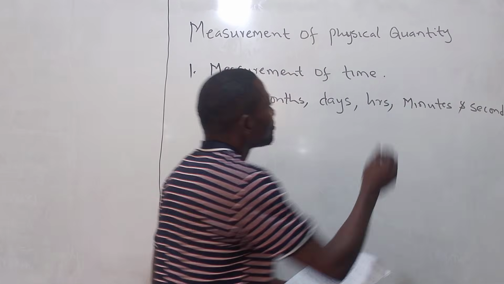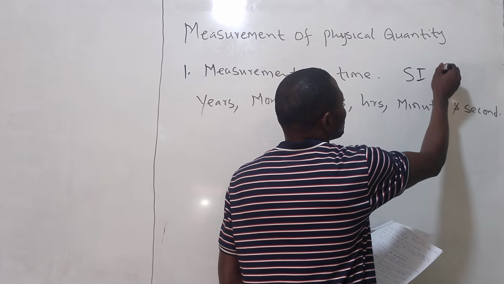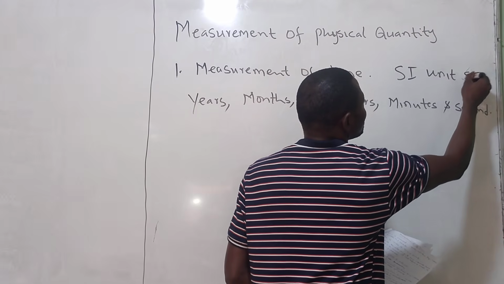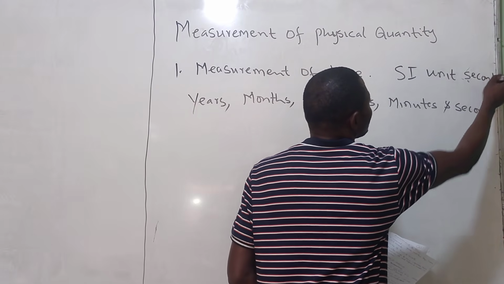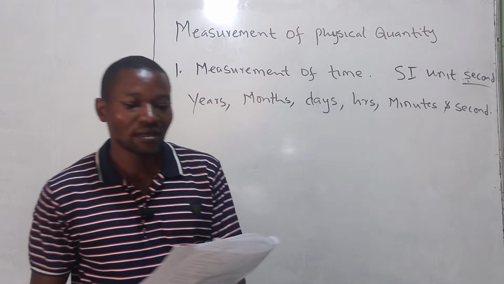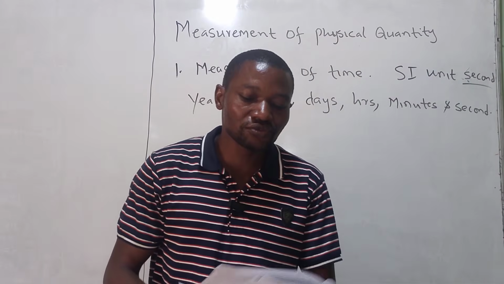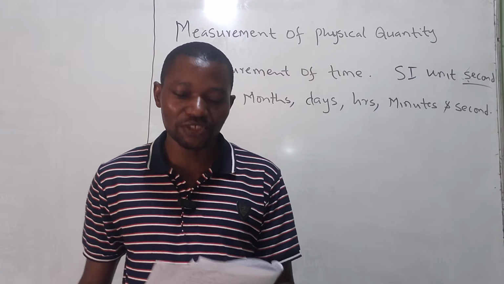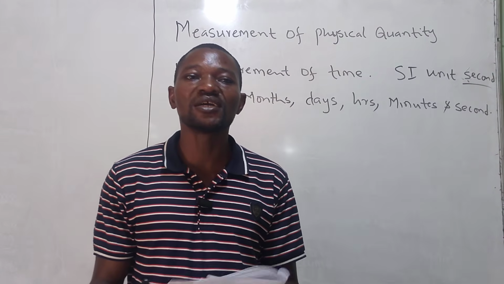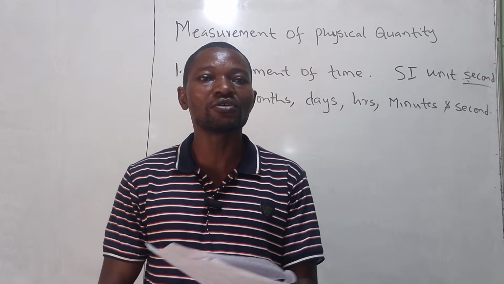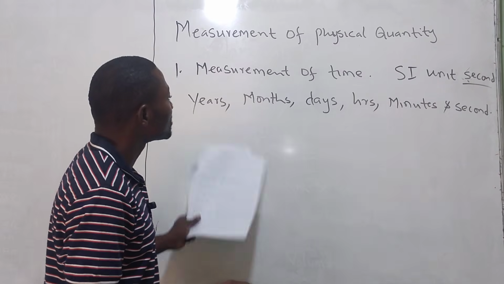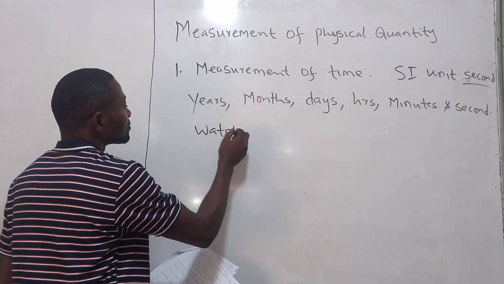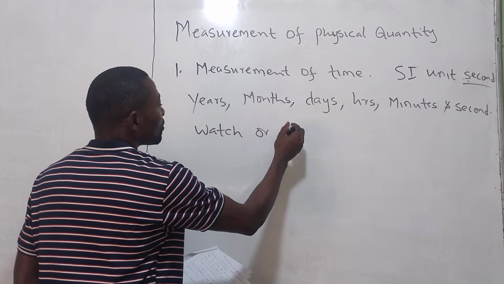The SI unit of time is second. And due to the wide range of time intervals that one wants to measure, we need different types of clock or watches. So we measure time using a watch or clock.